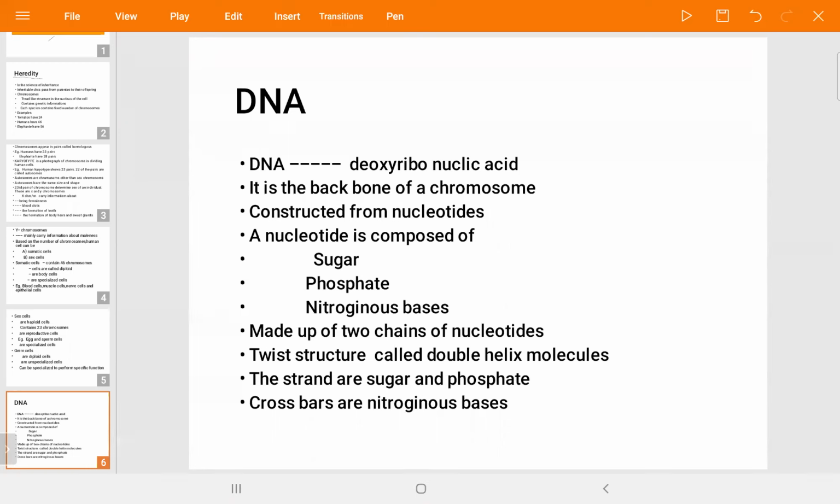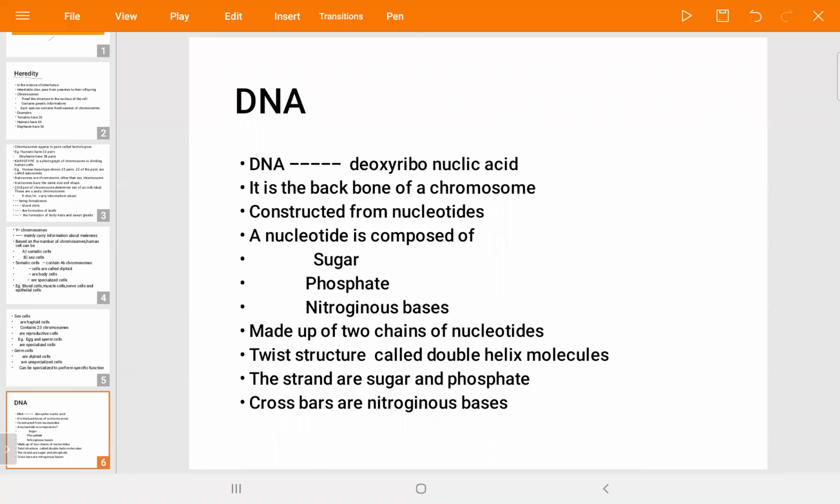We have 4 types of nitrogenous base. So a nucleotide consists of sugar, phosphate, and one of the 4 nitrogenous bases.